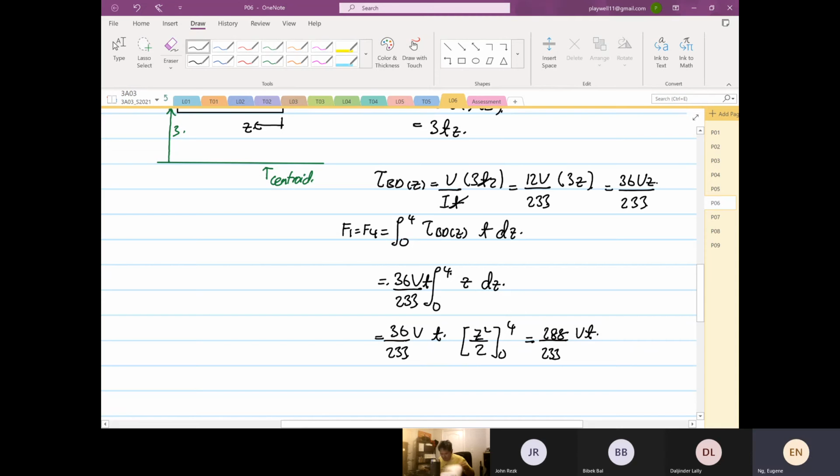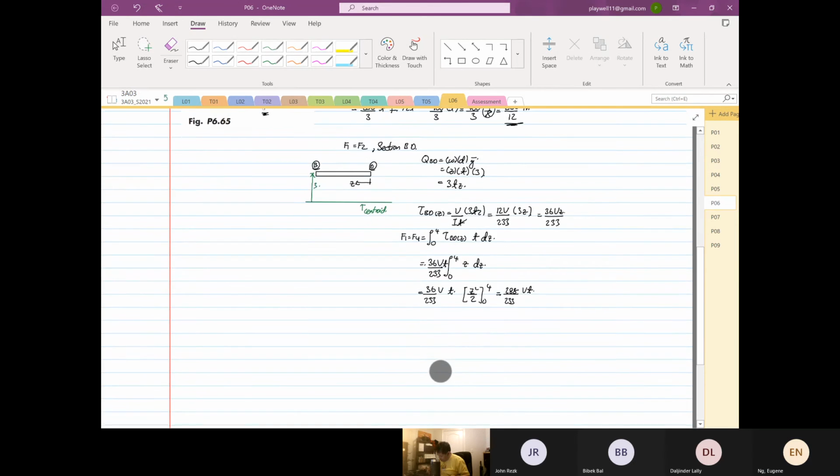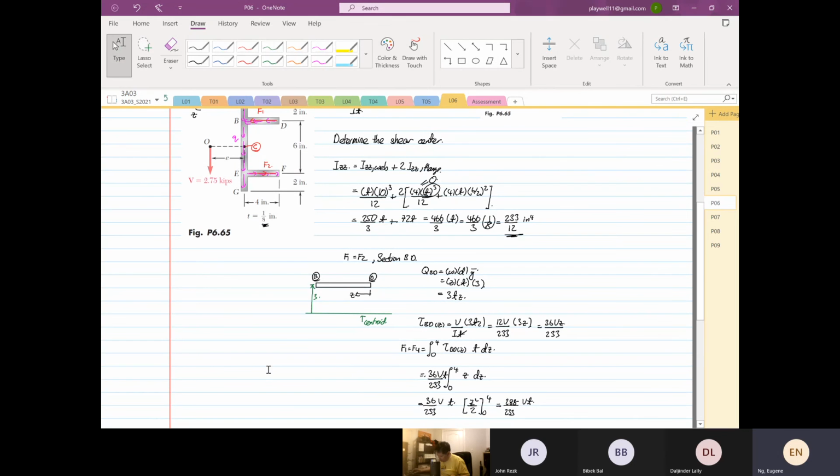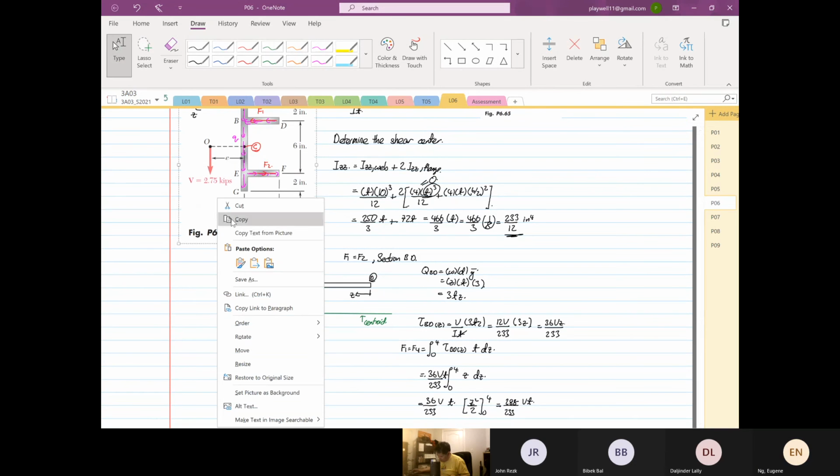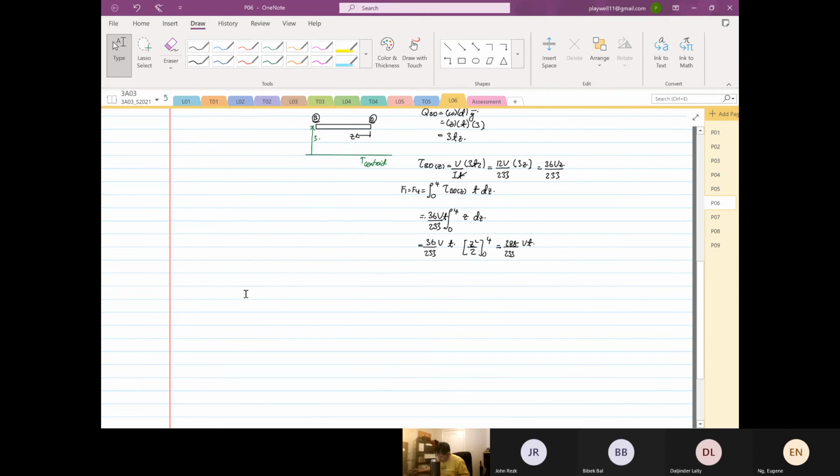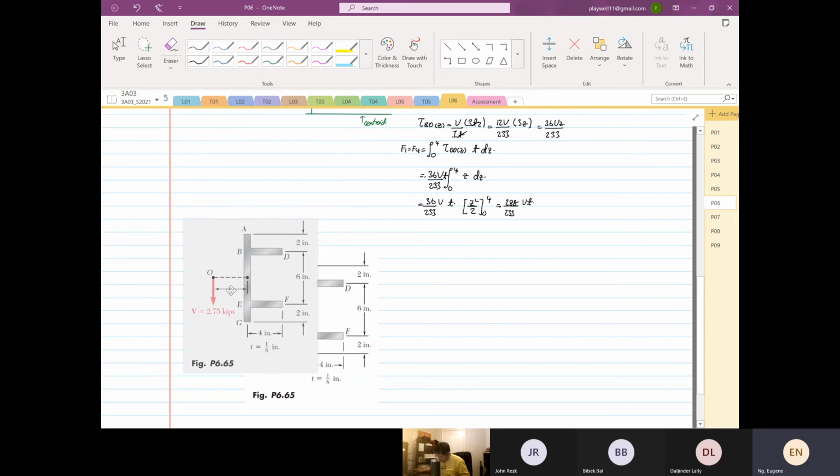Once we have this, we're going to take moment at point C again. So let me copy that diagram for us.